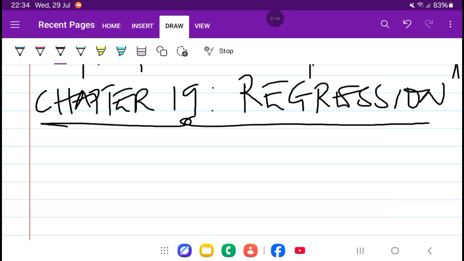So the focus is all about simple linear regression models. The other objective is that we will be able to determine, using the least squares regression method, the least squares regression equation.